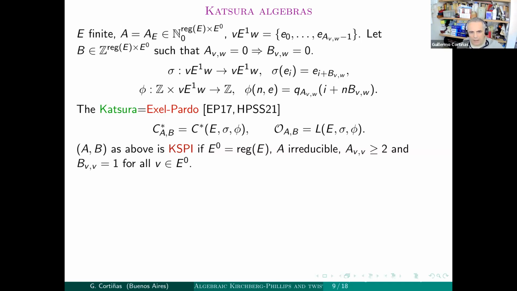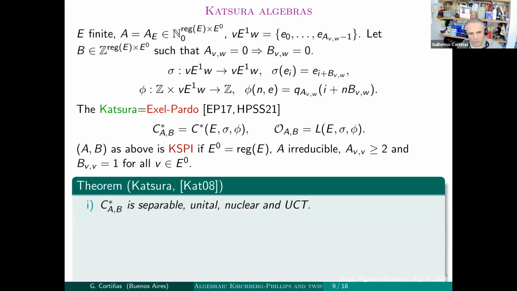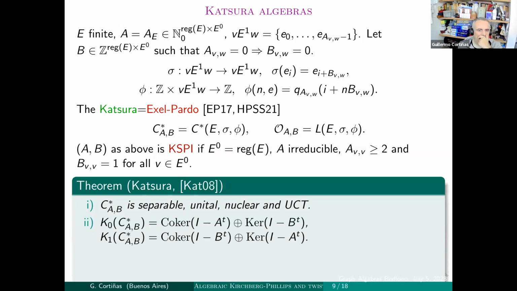So Katsura showed that for any A and B for which the C*-algebra O_{A,B} is defined, the algebra is separable, unital, nuclear and in the UCT class. So if you add that it be simple, it will be a Kirchberg algebra.